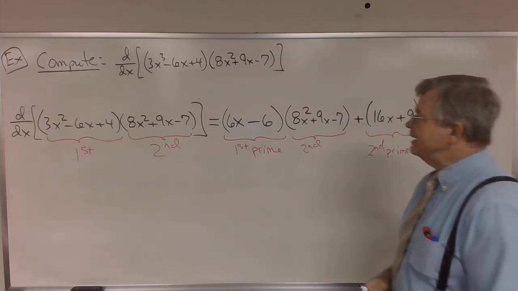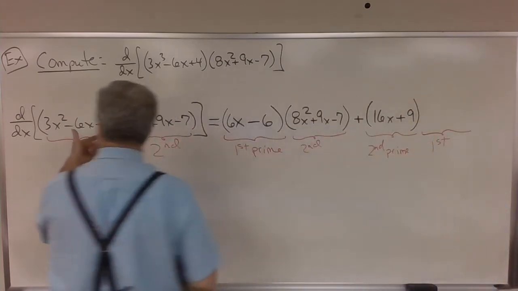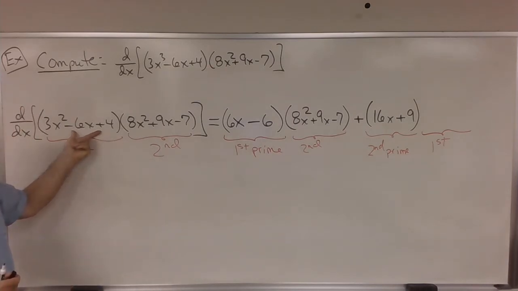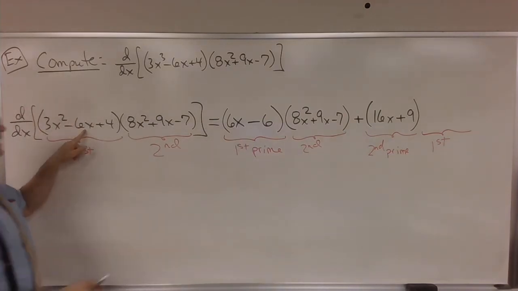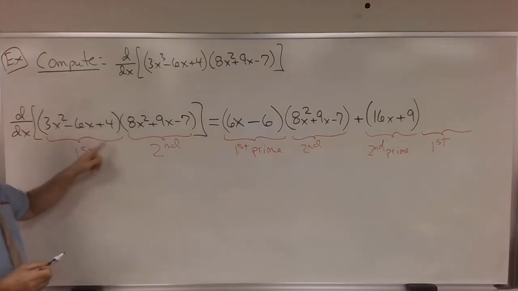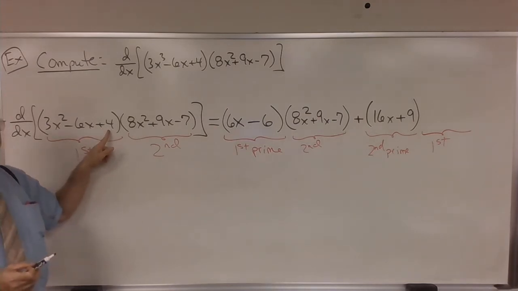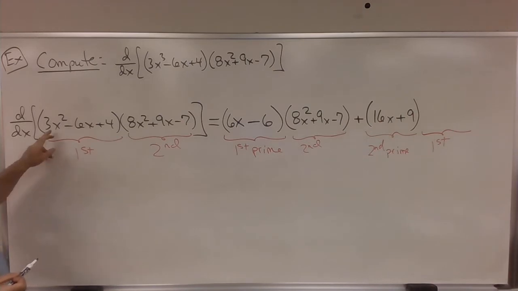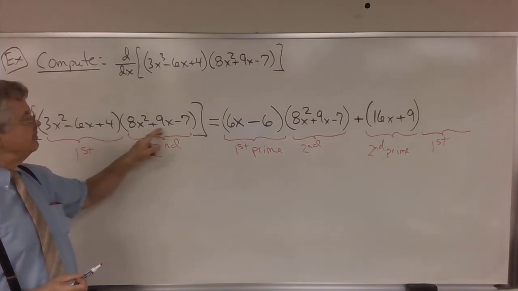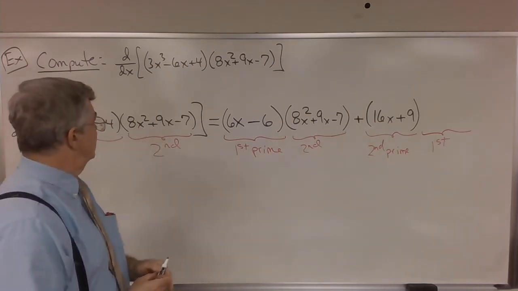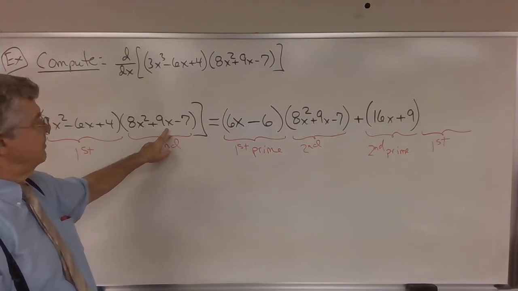And by the way, when I computed the derivative of this function, I should have mentioned that also. Derivative of 3x squared is 6x. Derivative of negative 6x is negative 6. And the derivative of 4, since it's a constant, is 0. So the derivative is just 6x minus 6. And the derivative of this, 16x plus 9, I beg your pardon.